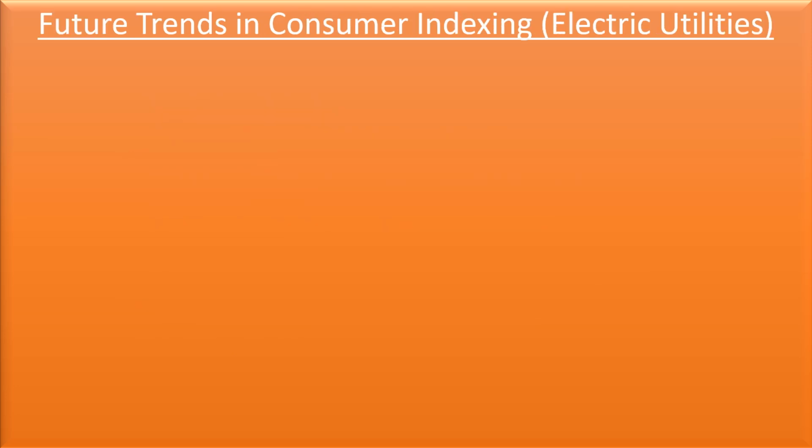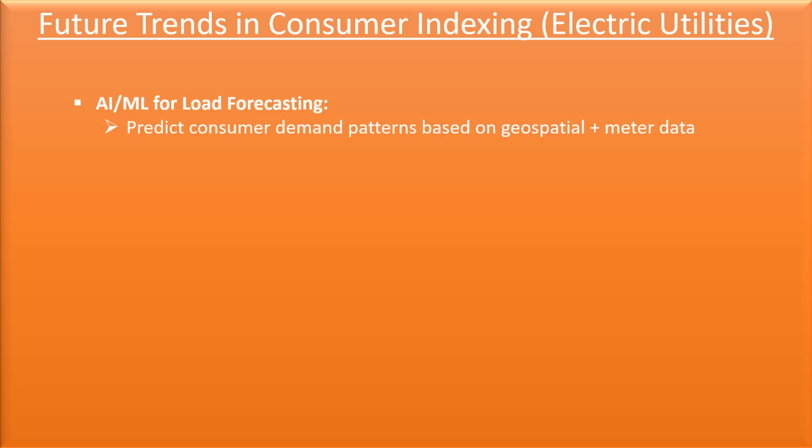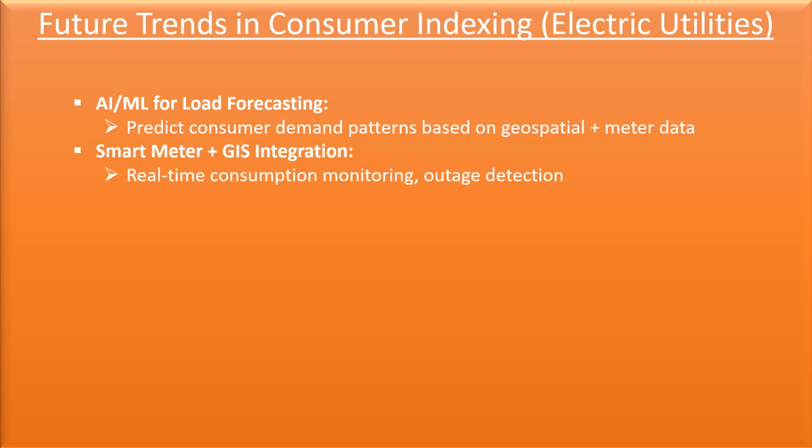Next we'll see future trends in consumer indexing, specifically in electrical utilities. AI and ML for load forecasting, that is, predicting consumer demand patterns based on geospatial plus meter data. Smart meter plus GIS integration, for real-time consumption monitoring and outage detection.